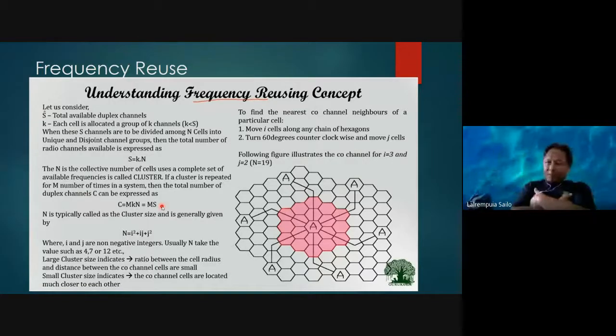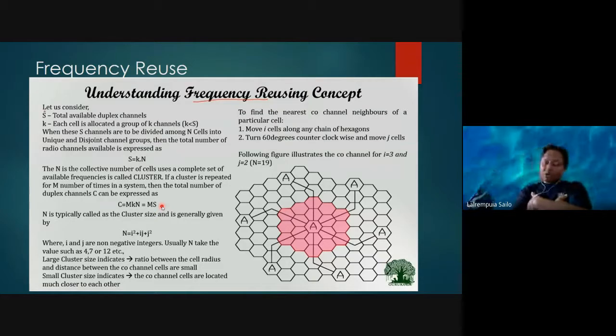N is typically called the cluster size. N is generally given by N equal to I squared plus I J plus J squared. This gives the size of the cluster, that is, how many cells should be created inside the cluster.